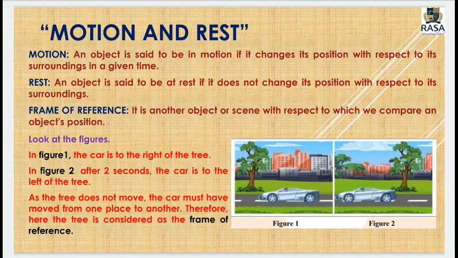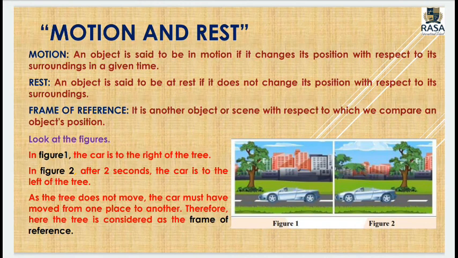So from there he or she can state that the car is in motion and the tree is at rest, or you can say the tree is a frame of reference to see the motion of the car, or the scene behind the car is a frame of reference to see the motion of the car. So now what is frame of reference?